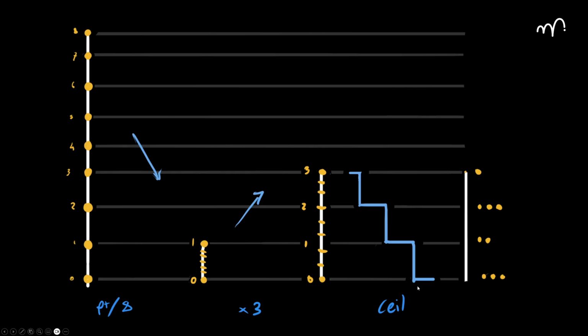So actually going to the bottom, 0 would stay at 0, 3 would stay at 3, but everything in between here would actually go down to 2, because it's the closest whole number going down. And then the same goes for all the points in the middle between 2 and 1, they will go down to 1. And this is how we are going to get this effect.